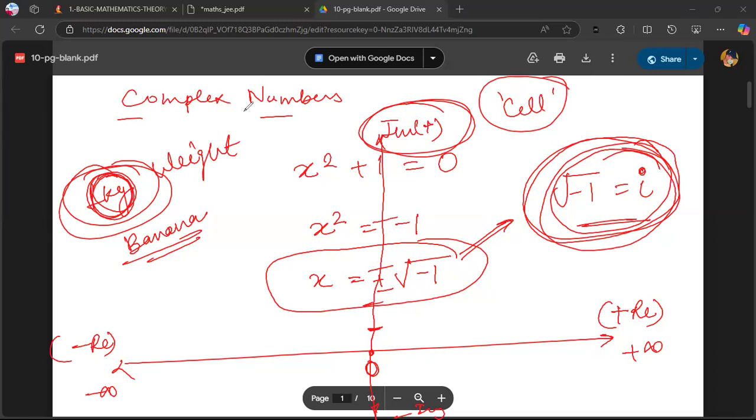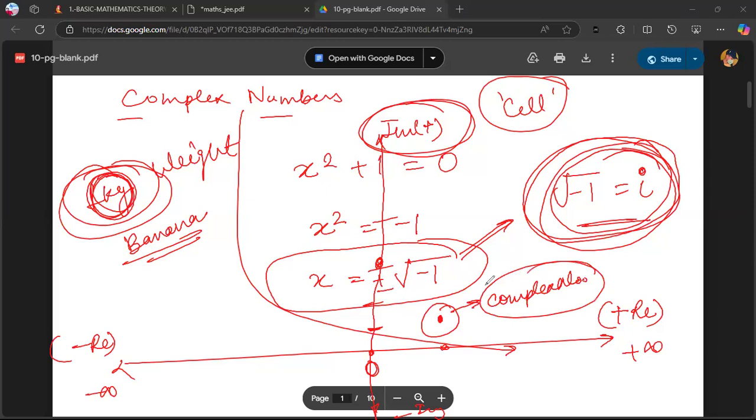Then complex numbers are formed based on this. If there are two axes, there can be points lying on one axis, on the other axis, or in between. Whenever the point is lying in between these two axes, it is known as a complex number. Actually, every number, wherever it is lying, is a complex number.